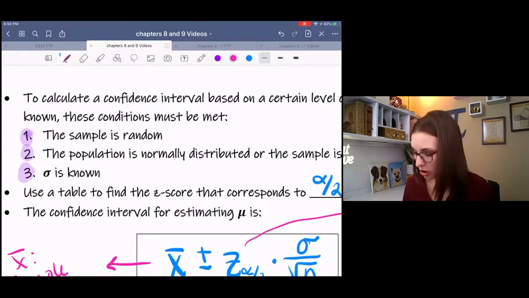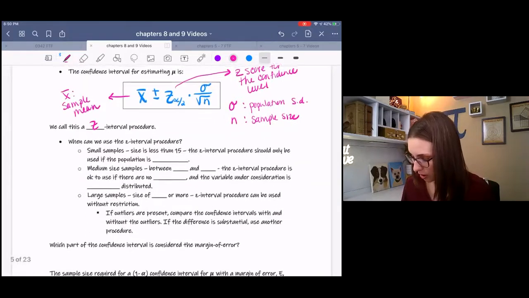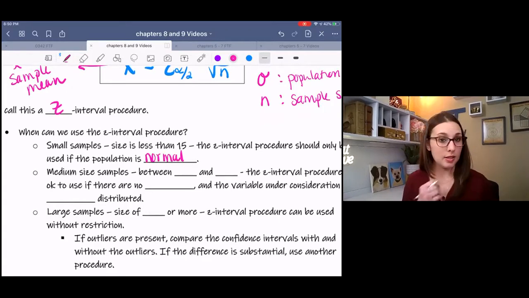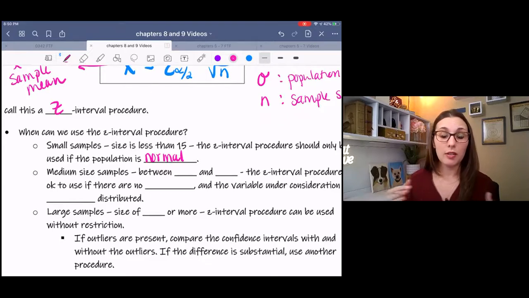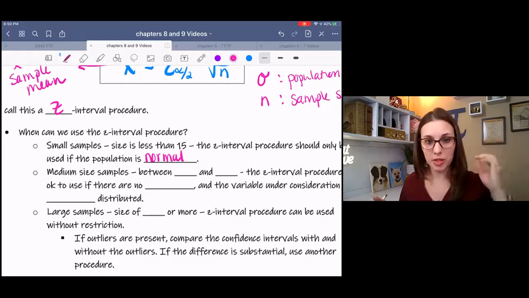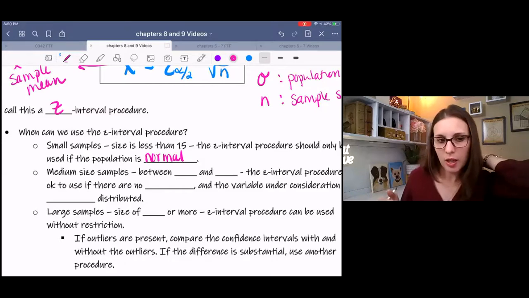If the population is normal. So if the sample size is small and it doesn't say anything about the population being normally distributed, then don't do a confidence interval. If they say this population is normally distributed and the sample size is 10, then you can proceed cautiously.